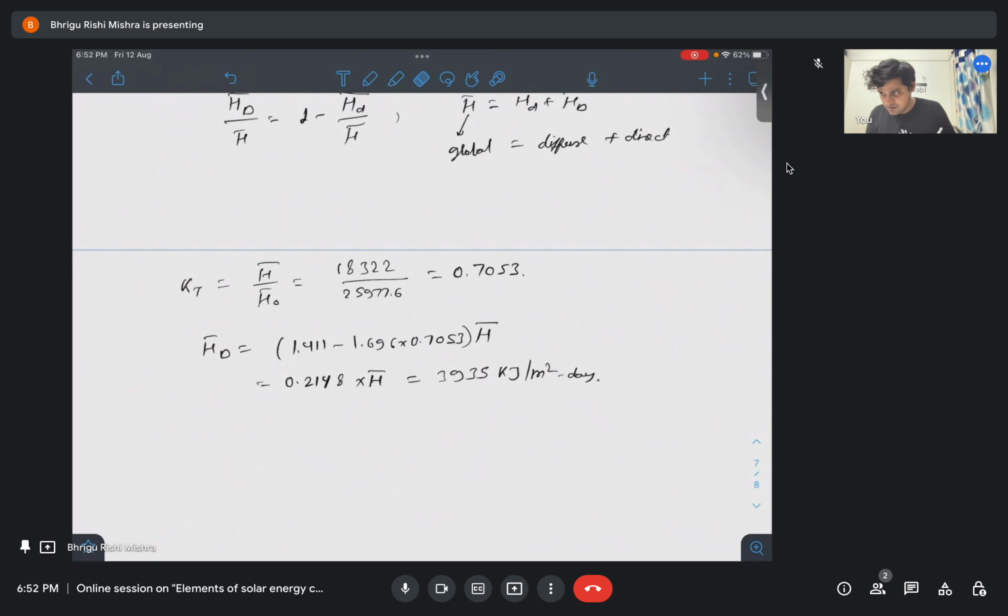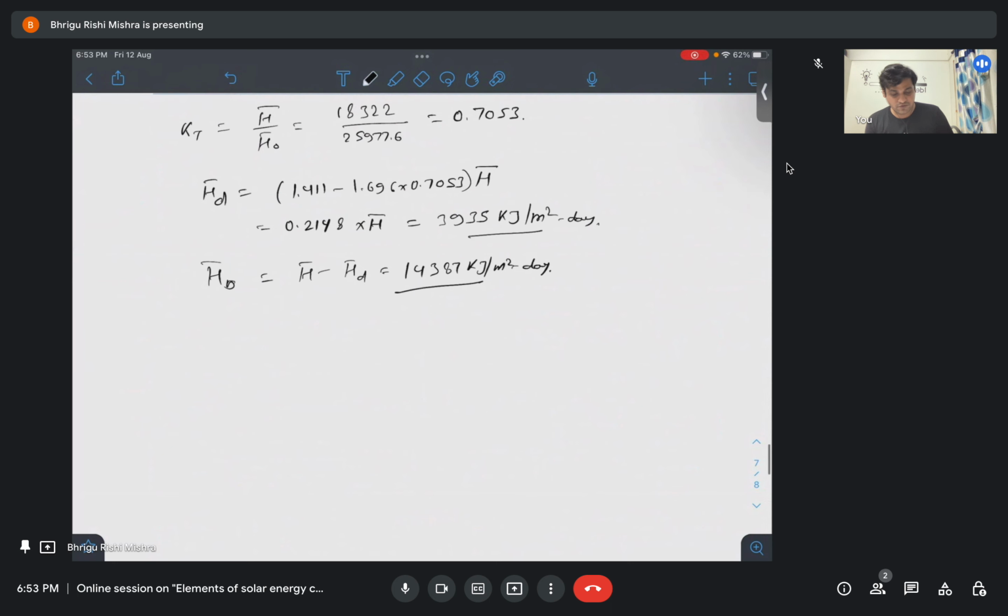Sorry, this is small hd, the diffuse part. So the direct part can be calculated as H bar minus HD bar, and it is 18322 minus 3935, so it is around 14387 kilojoule per meter square per day, which is significantly higher compared to the diffuse radiation.